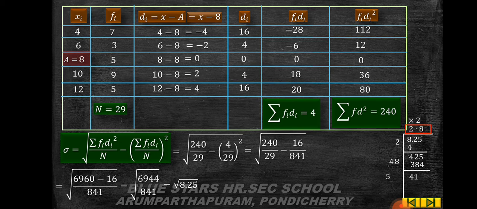So 28 into 2 is 56. 567 into 7, you get 3969. So which is equal to 2.87. So sigma is approximately equal to 2.87.